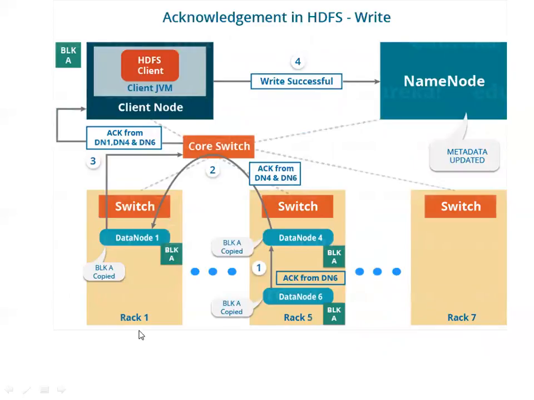Once it is stored, data node 6 sends an acknowledgement to data node 4, from where it got the data. That sends a message to data node 1, which was given the data by the client. Then data node 1 sends an acknowledgement back to the client that it has stored the data, saying the write is successful.